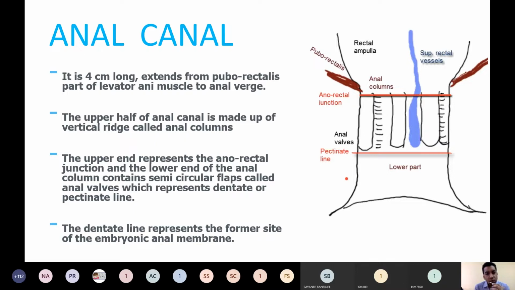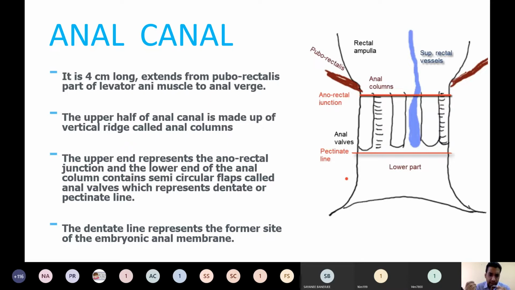So what happens is at this dentate line, precisely at these anal valves, there are certain glands called anal glands. And there are ducts. Most of the anal glands are present in between the internal and external sphincter. Roughly about 2/3 are present in the space between internal and external sphincter, that is called the intersphincteric space.